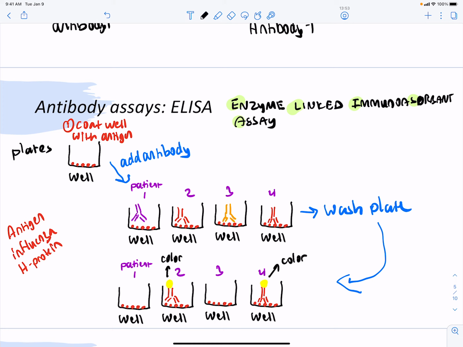In patient 1 and 3, there is no color. So you know that patient 2 and patient 4 have antibodies that bind to influenza hemagglutinin protein, and patient 1 and patient 3 do not have these antibodies. An ELISA is a pretty easy way, as long as you know the target antigen.